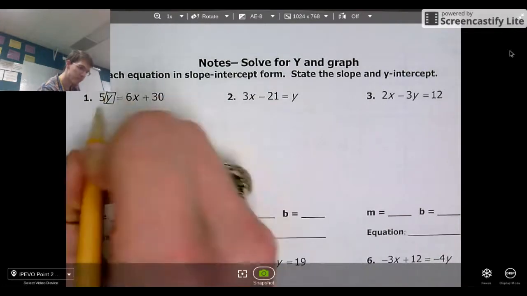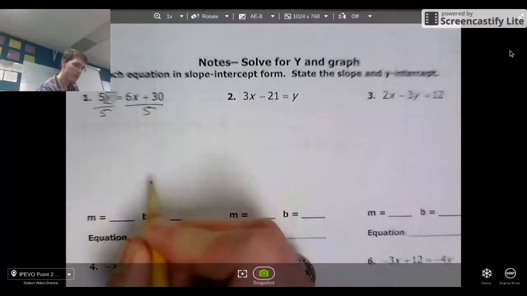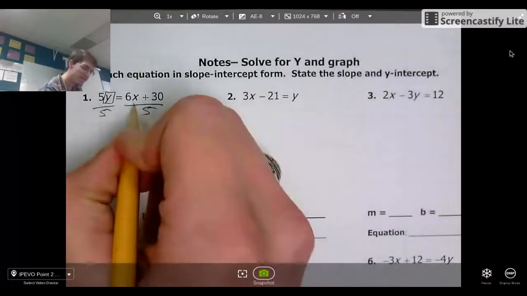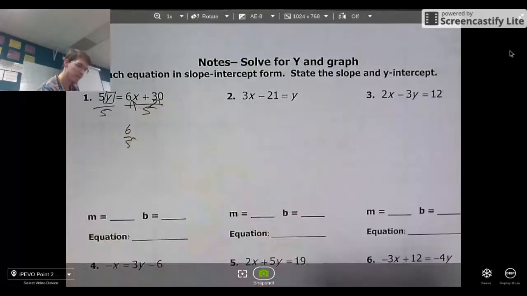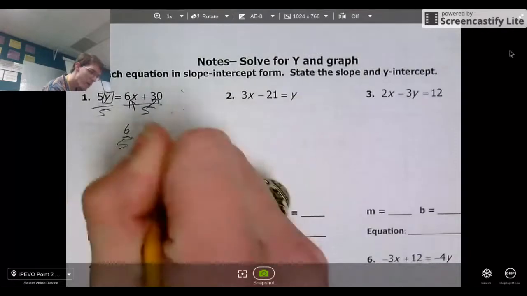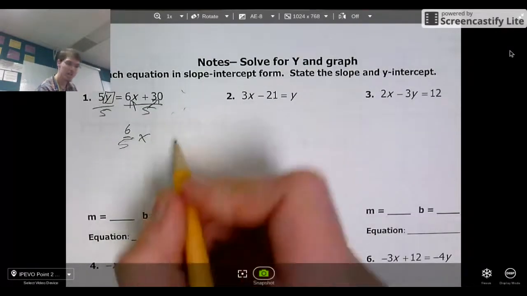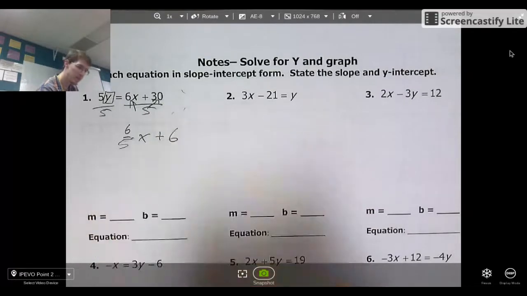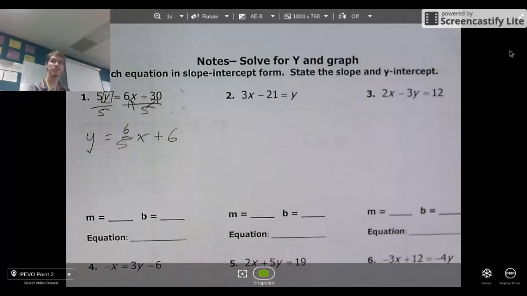We want y by itself, so we're going to have to divide everything by 5. So 6 divided by 5, that doesn't really reduce, so 6 over 5 x. And then 30 divided by 5 goes in evenly, so we get plus 6. So we have y equals 6/5 x plus 6.